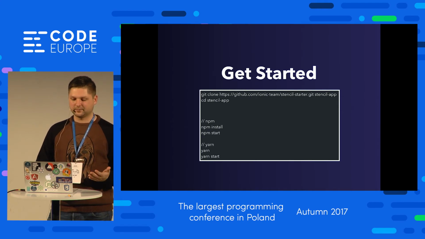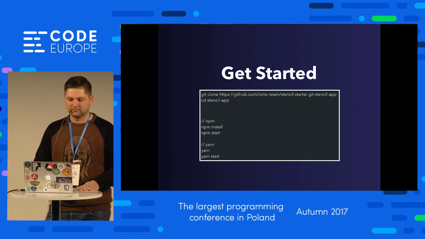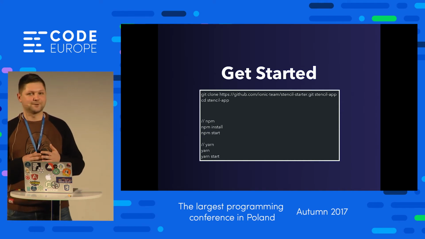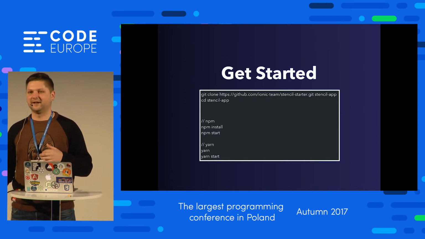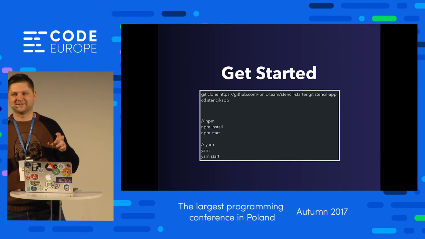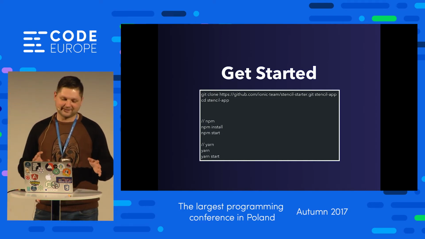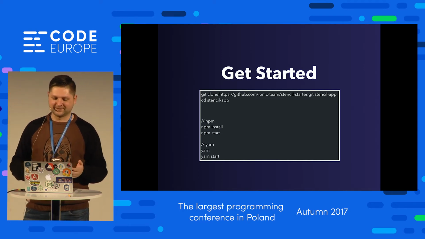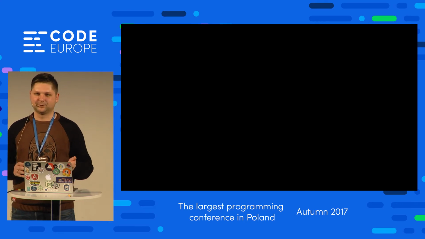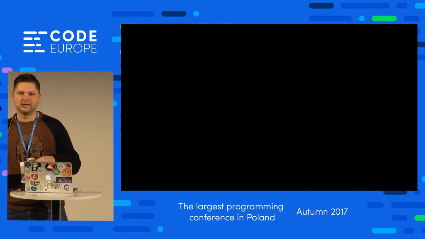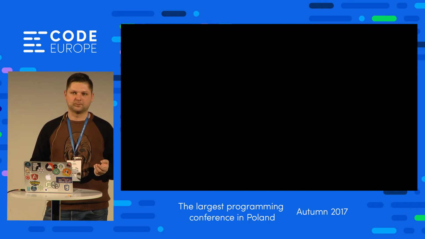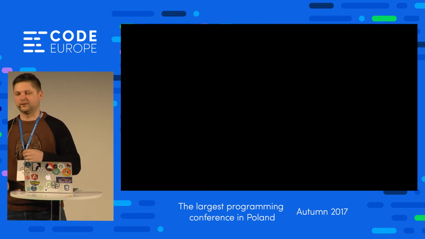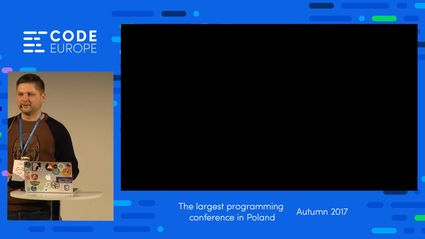How could you start with Stencil? Unfortunately, right now Stencil doesn't have any CLI or create-Stencil-app thing. It's just a simple Stencil starter GitHub repository with a bunch of instructions, and inside it you have a predefined Webpack build, imported libraries, and so on.